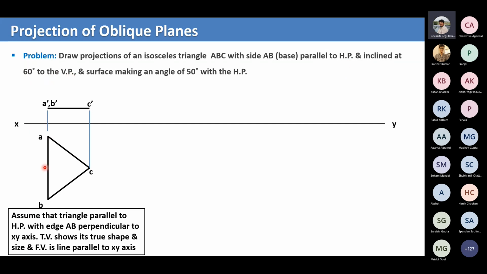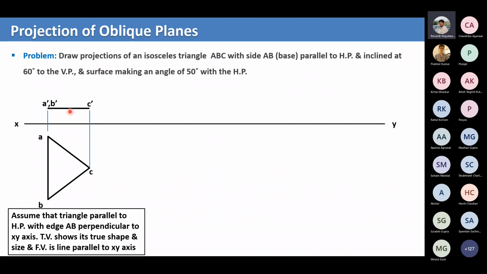That means this line AB is inclined at 60 degrees to VP. So since this is the first projection we are drawing, we don't take any angles. We just treat it as this plane is parallel to HP. And so we got front view as a straight line.